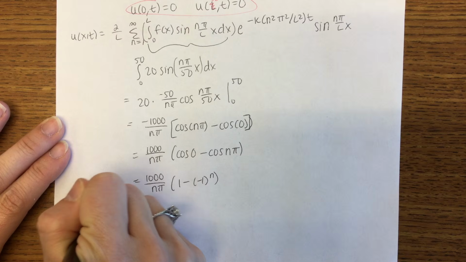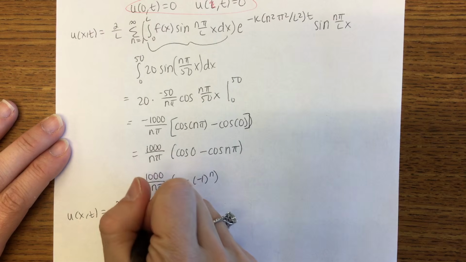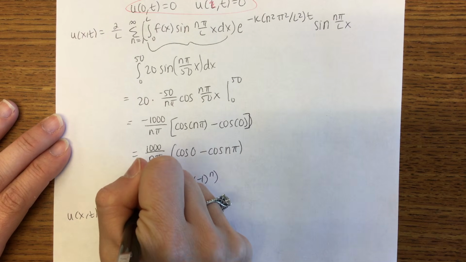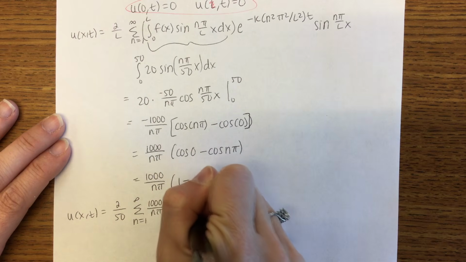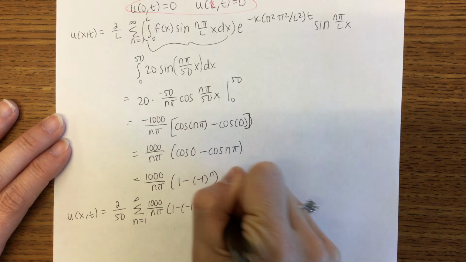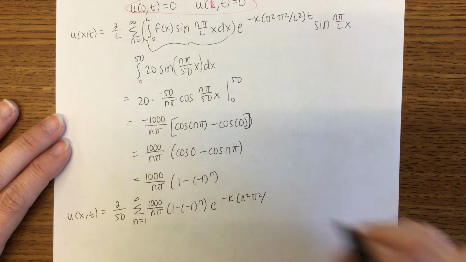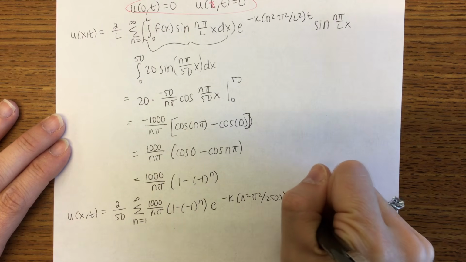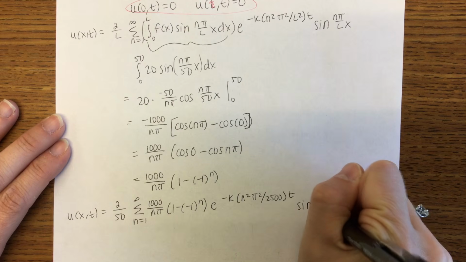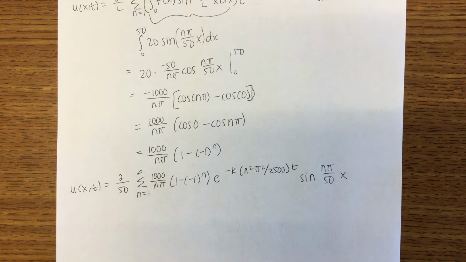Okay, so our u of x, t then is going to be 2 over L, so 2 over 50, summation from n equals 1 to infinity of 1,000 over n pi, 1 minus negative 1 to the n, e to the negative k n squared pi squared over L squared, which in this case is 2,500, t, sine of n pi over 50 x. That's not how your answer is going to be written, though.